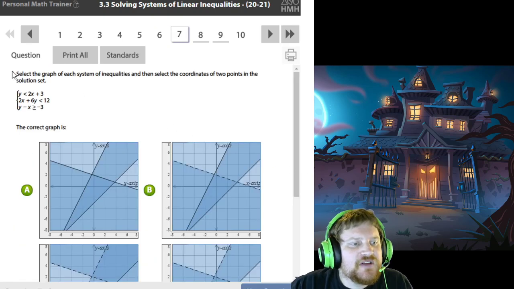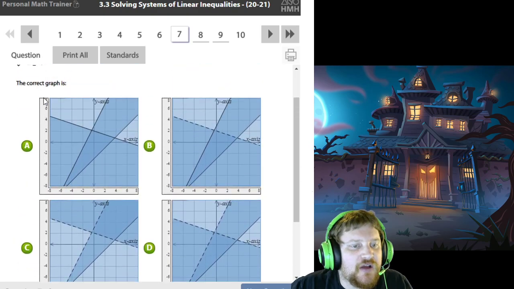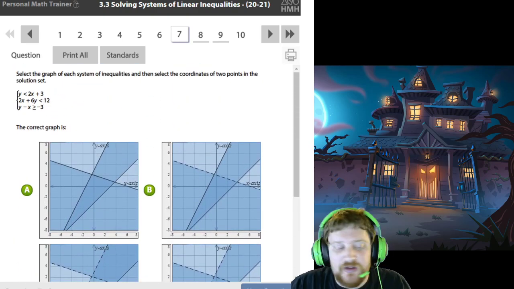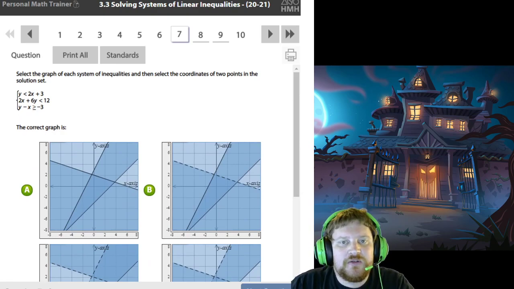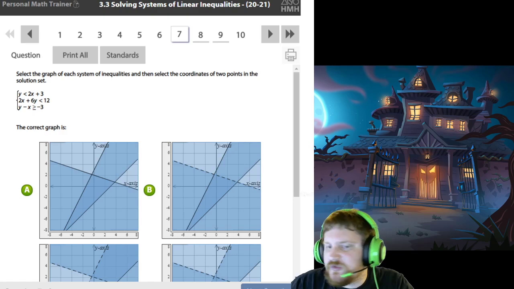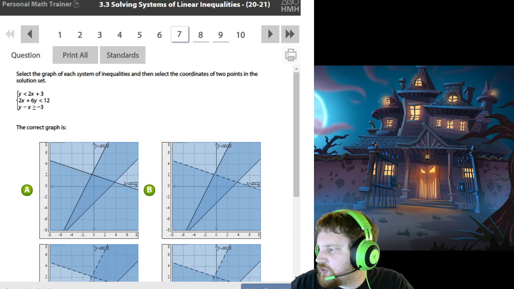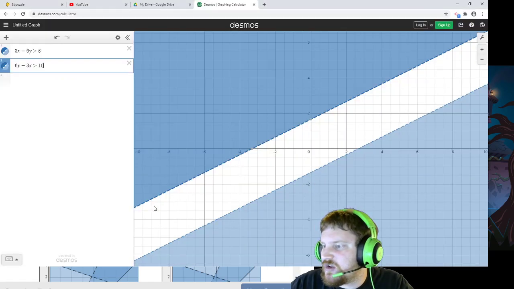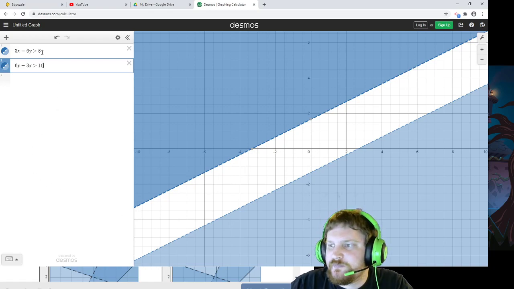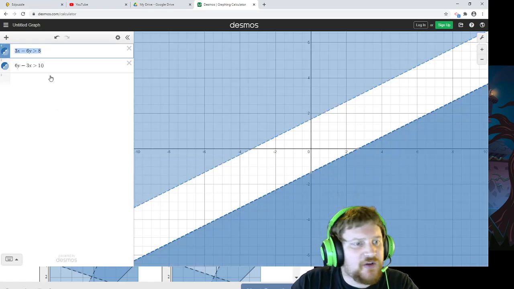Question 7. Select the graph of each system. Once again, it's 3 inequalities. This time I'm going to graph this in Desmos. That's a lot to try to keep track of in my head. So not only am I going to track it in Desmos, I'm going to move this over here, show you Desmos, and the screen's going to look a little wonky for a sec, but this will help me type it in a little bit easier.